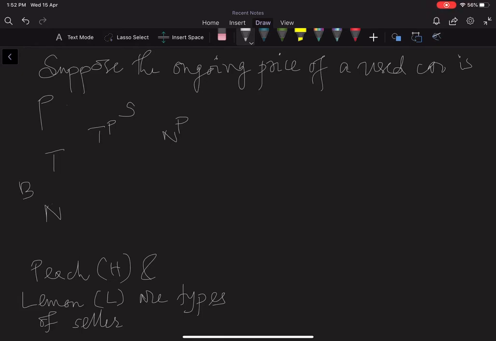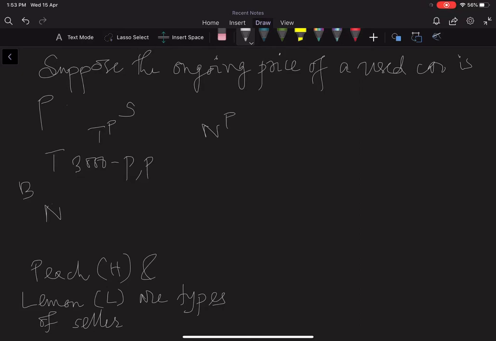So we associate the car to be sold with the seller. Okay, if both say T, i.e. both say trade, only then trade takes place, only then the seller is able to sell the car to the buyer. If any of them says N, no trade, then there is no trade. So if a peach car is traded, then the payoff to the buyer is 3000 minus P, and the seller's payoff is P. Let me write the seller's N bit separately.